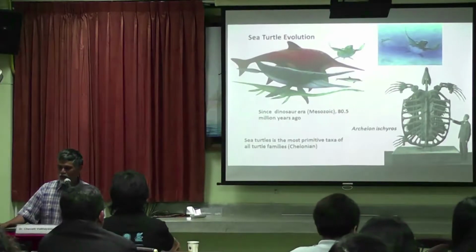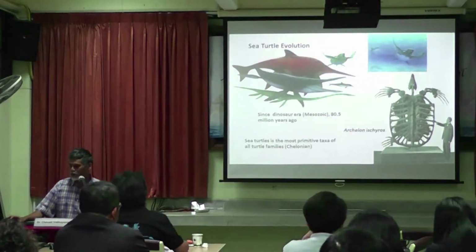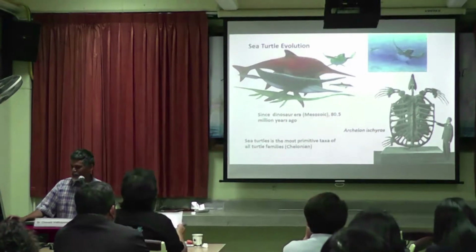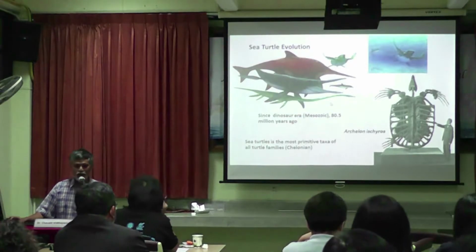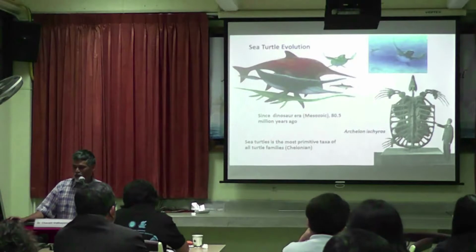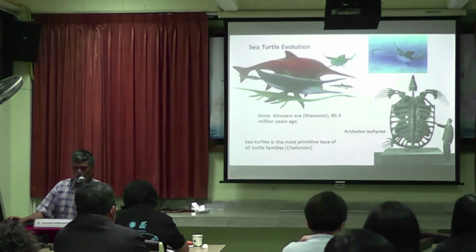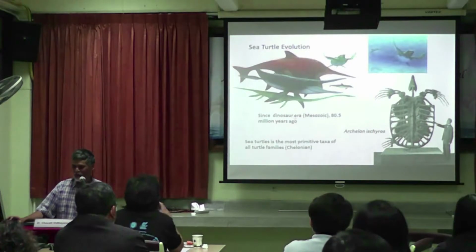So I will talk first about the sea turtle or marine turtle. Firstly, this animal has evolved since the dinosaur era, the so-called Mesozoic, from 65 million years ago up to something like 200 million years ago, I don't remember the number well.